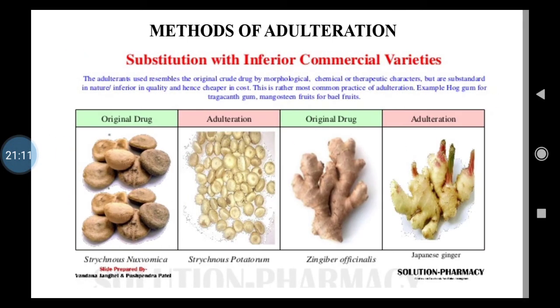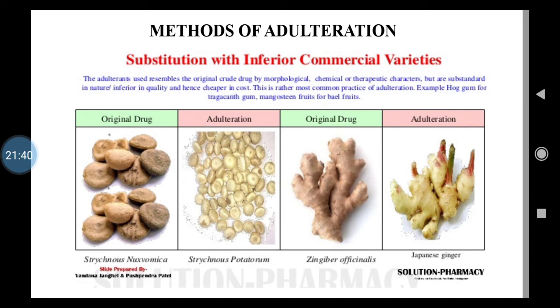Then the next important method is substitution with inferior commercial varieties. Here I will try to make you understand that most of the drugs we get come from two or more different plants.